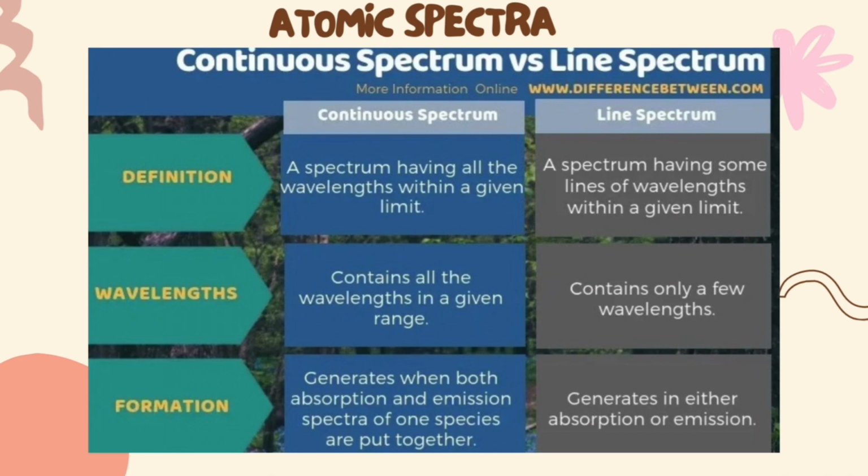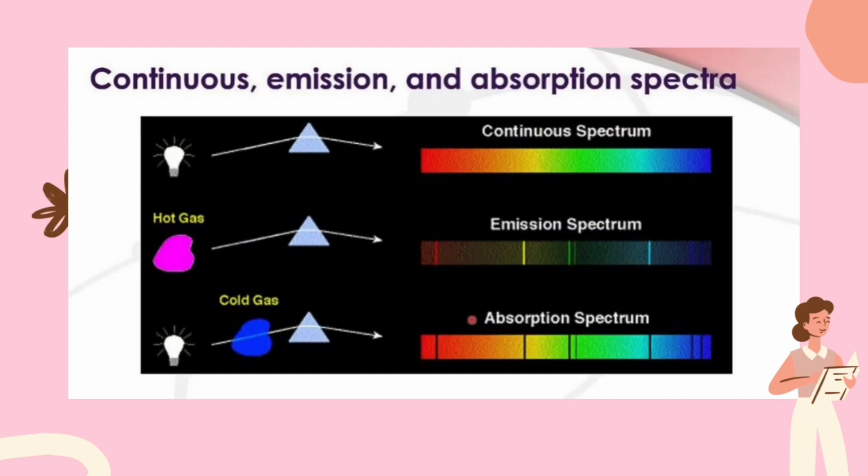A continuous spectrum contains all the wavelengths in the range, while a line spectrum has only a few wavelengths. A continuous spectrum is generated when both the absorption and emission spectra of one species are put together, while a line spectrum is generated in either absorption or emission. So, there are the continuous, emission and absorption spectra.